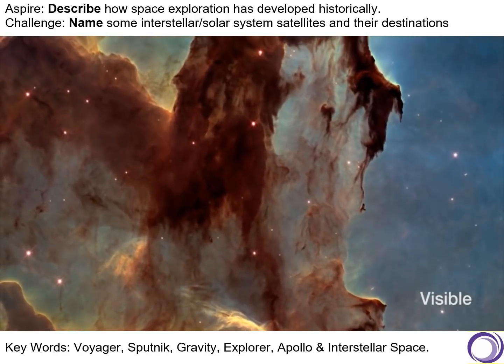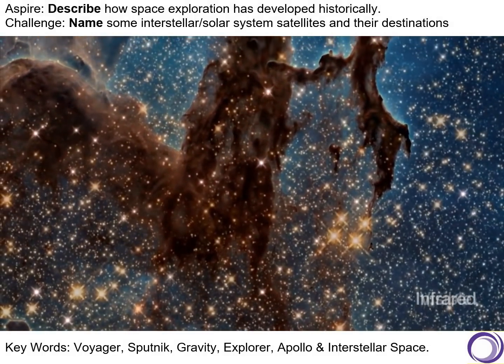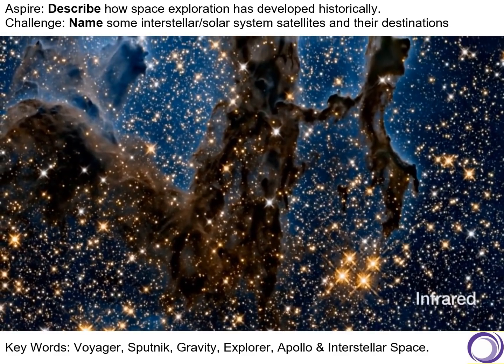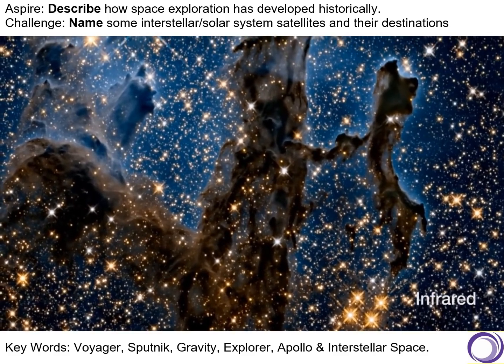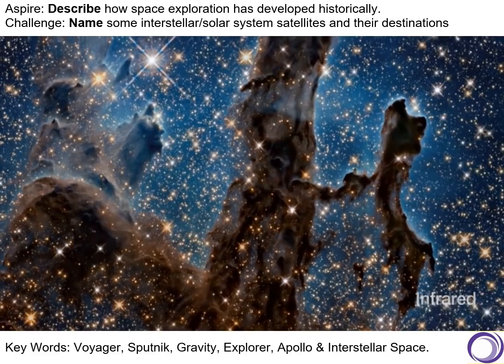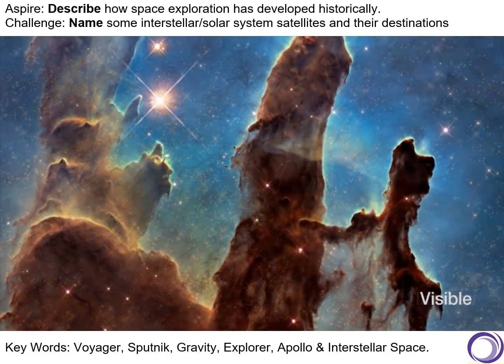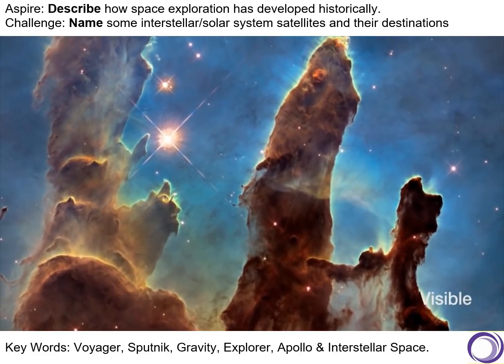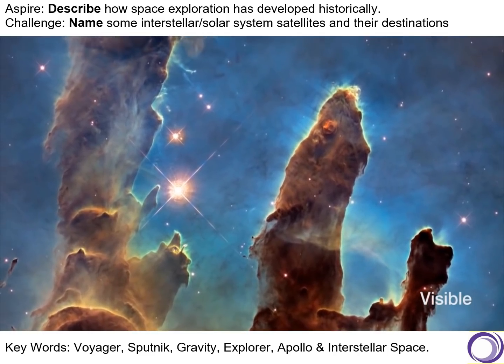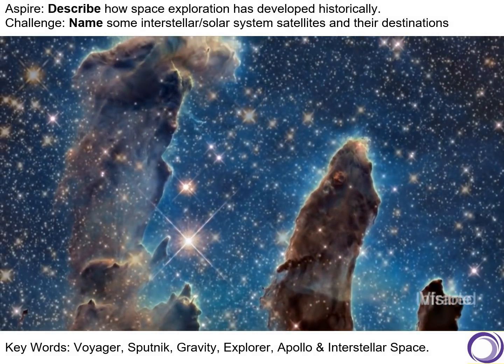Hubble also has an additional New Year treat for us. The telescope gazed at the same area in infrared light, allowing it to pierce through the obscuring dust and gas and unveil a more unfamiliar but just as amazing view of the pillars.